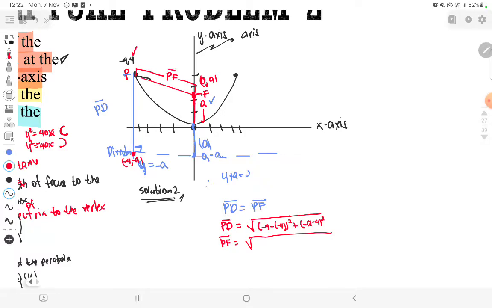So we have F which is equal to 0 minus negative 4 squared plus a minus 4 squared.